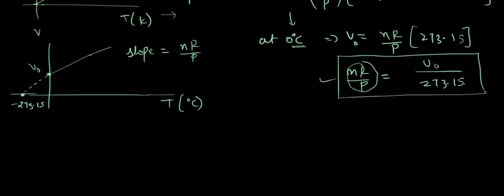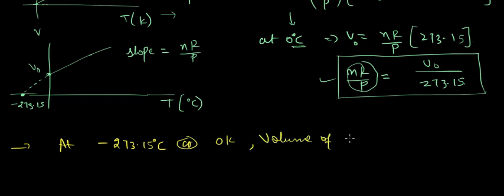So we can make a note here that at minus 273.15 degrees Celsius, or 0 Kelvin, the volume of an ideal gas is 0.